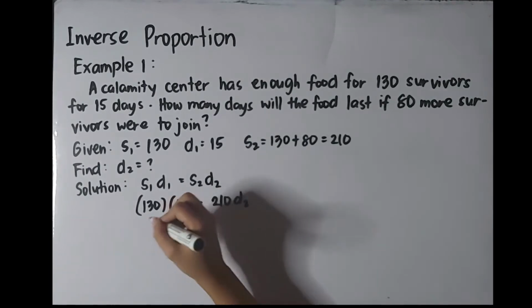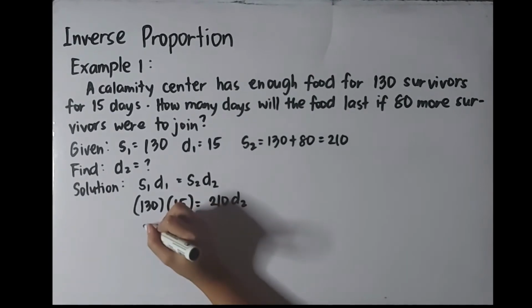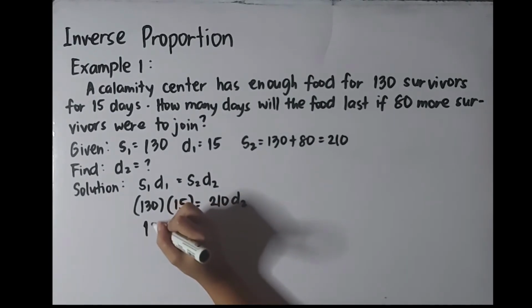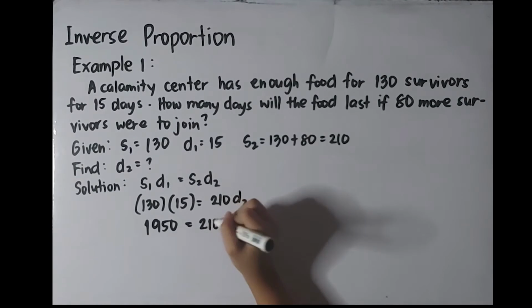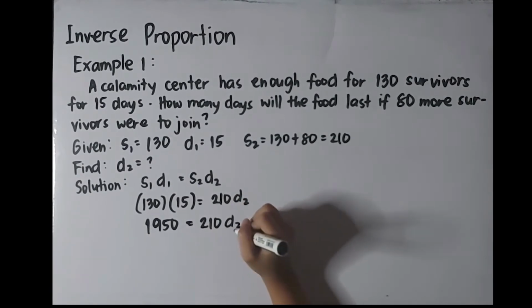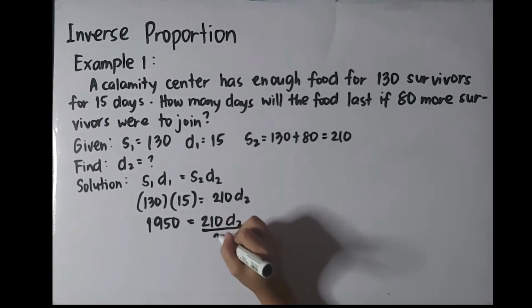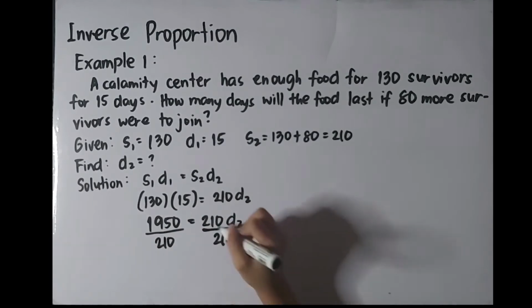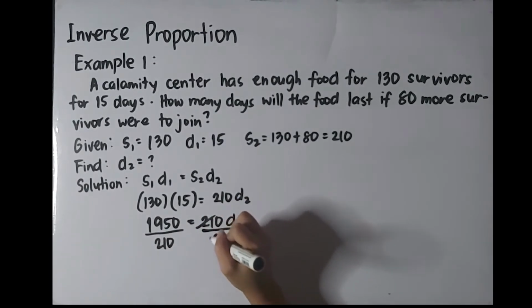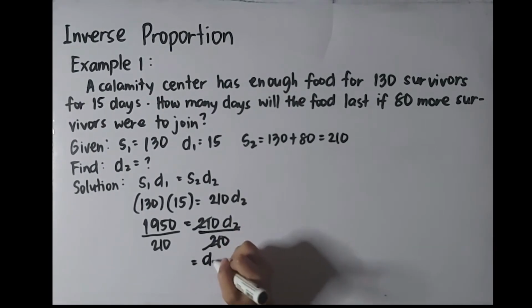So 130 multiplied by 15 equals 1,950, which equals 210 D sub 2. To get the value for D2, we divide both sides by 210. So on this side, 210 over 210 equals 1, so we have D sub 2.